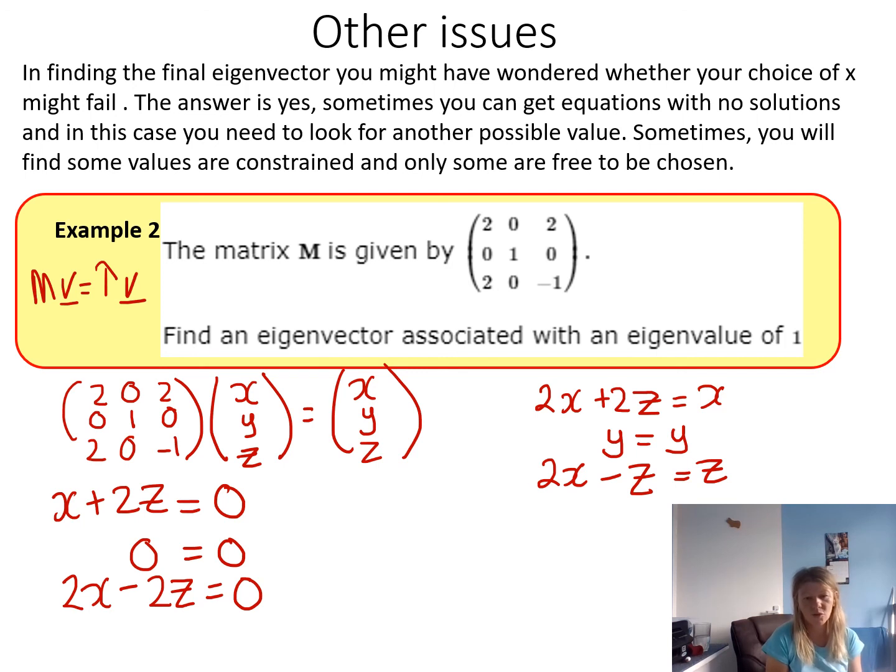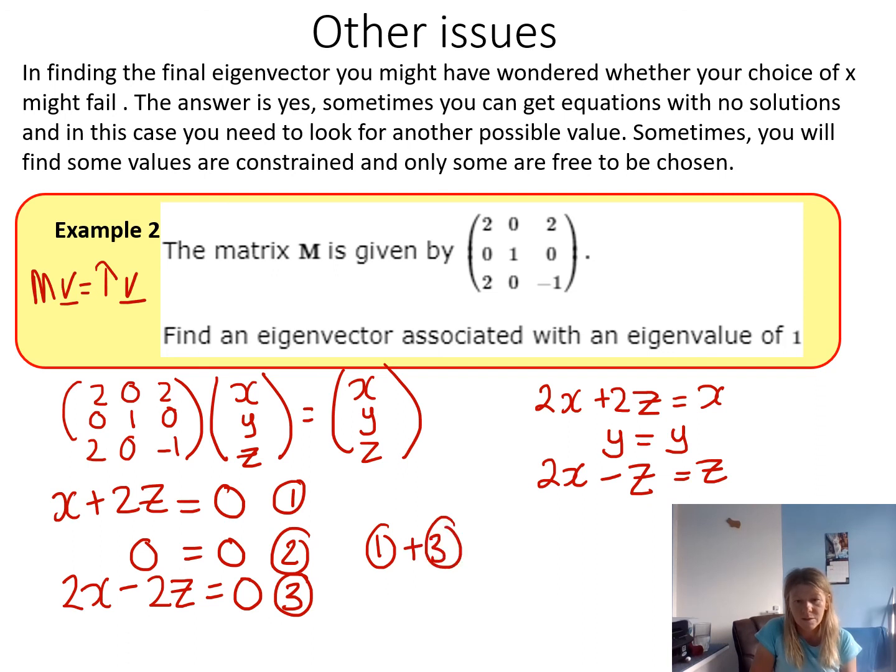If we try and use 1 to substitute into 2, or you could do just solving those equations basically. Let's call them 1, 2, and 3. I can't really call that an equation, can we? 2 and 3, we try and eliminate something now. So if I do equation 1 add equation 3, I'm going to get 3x, and those cancel each other out, equals 0.